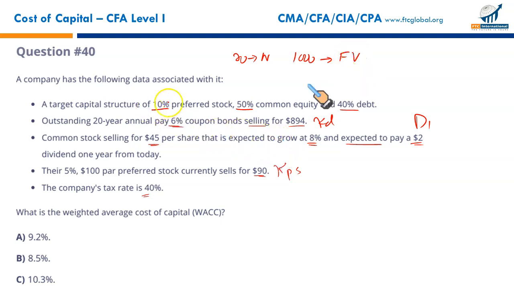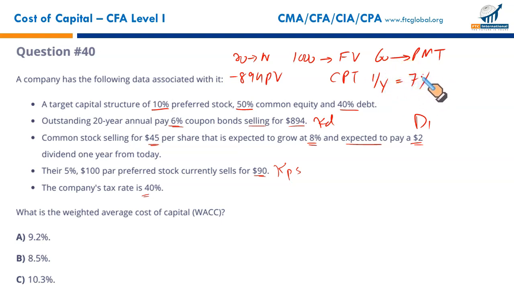Payments, 6% of 1,000, 60. Present value, it's 894. Remember always to use a negative sign with this. Then compute CPT I/Y, the yield, that's 7%. Cost of debt is calculated. It has to be taken on an after-tax basis. Don't forget that.